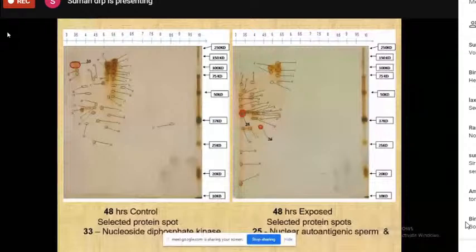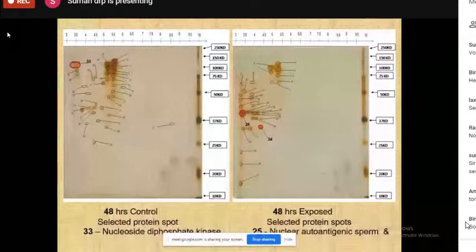These are the 2D electrophoresis results, which show the control and exposed samples at different time intervals, and these are the downregulated and upregulated proteins. And later we went for the mass spec analysis. These are the proteins we observed after MALDI analysis: guanylate cyclase, thioredoxin, nuclear autoantigenic sperm protein, nucleoside diphosphate kinase, and nuclear.